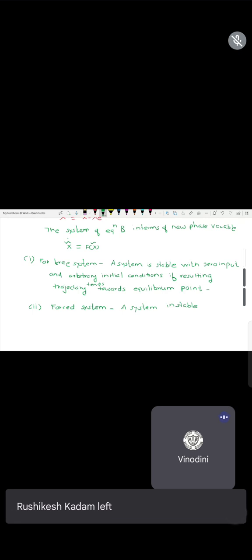The system is stable if, with bounded input, the system output is also bounded.